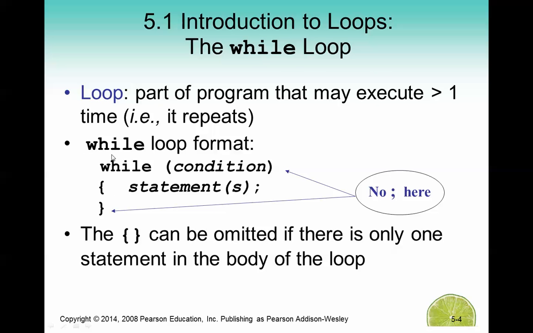The format: we start with while, and then in the parentheses we state our condition. This is the condition that is going to be controlling the loop. If the result of the condition is true, then the statements within the body are going to be executed.